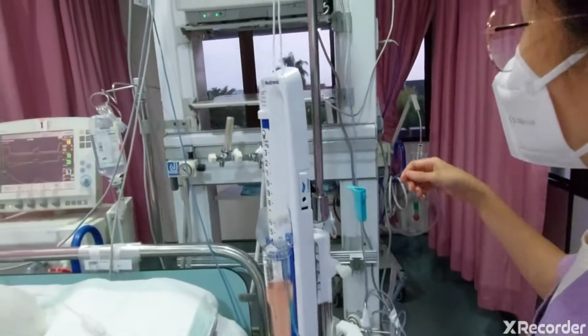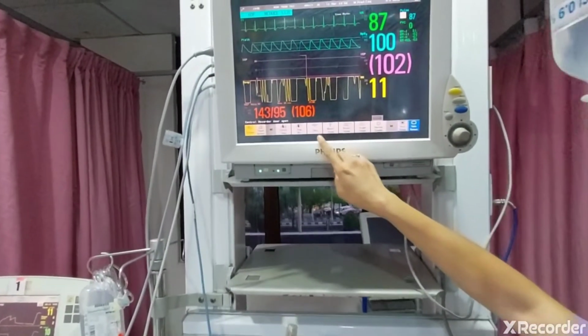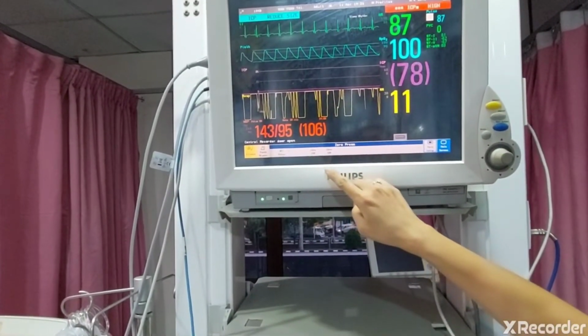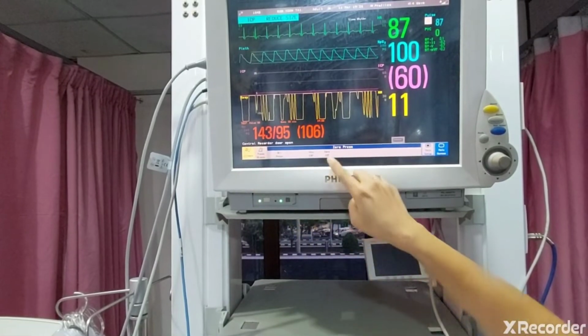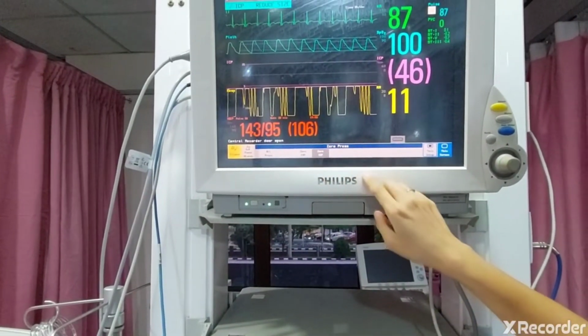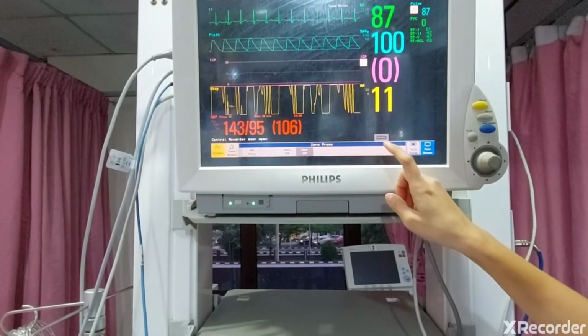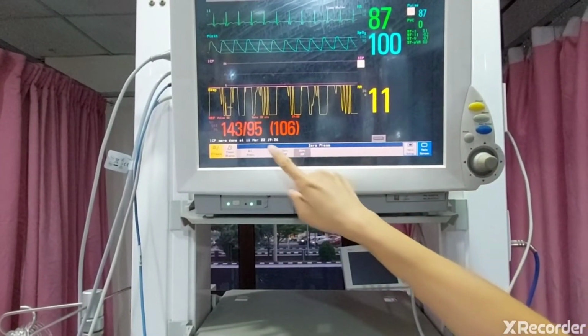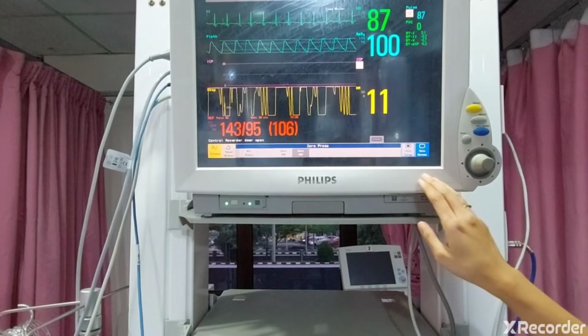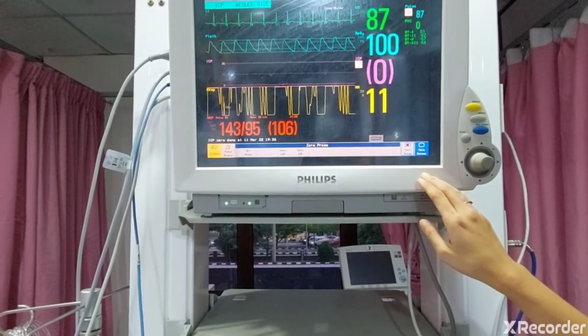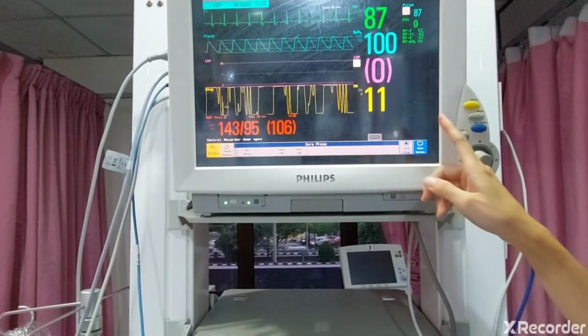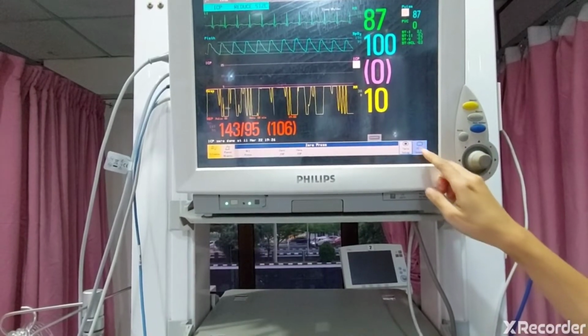After that we go to the monitor and press the zeroing to zero the ICP. Wait until it becomes 0. Okay, the time is indicated here. So zeroing is done. Go back to the main screen.